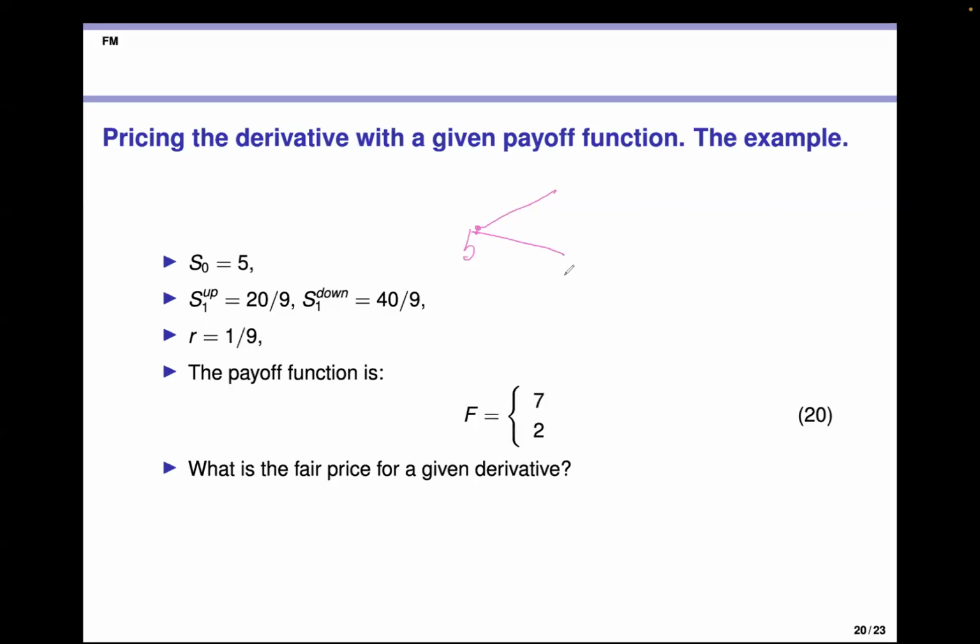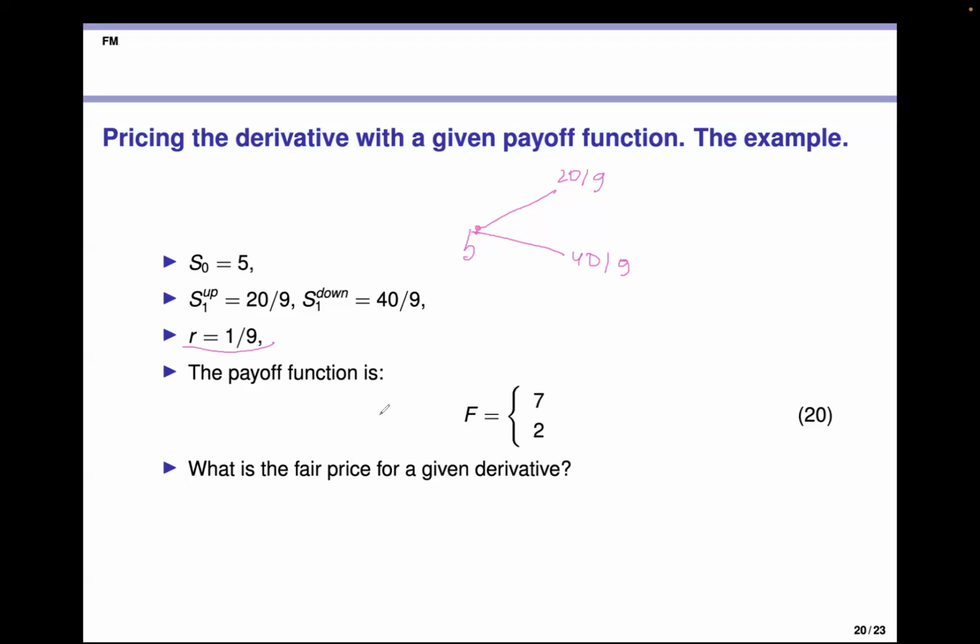But at t equals 1, we have either 20 divided by 9 or 40 divided by 9. We are mathematicians, so we write what we want. Okay, and the interest rate is 1 divided by 9. And we don't have a call option or put option.